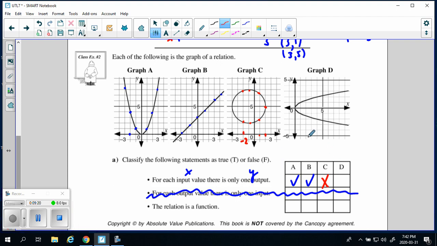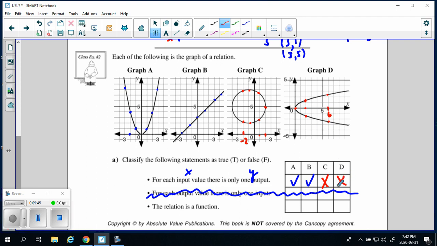And if you look at graph D, you try and read this x value, for example, you're going to get two y values output. What about 6? If I want to read 6, there's actually two y values when I try and read my graph. And that's true of lots of these points. It's not true for here. Right here, there's only one. But anyway, all these points have ruined it for that one.